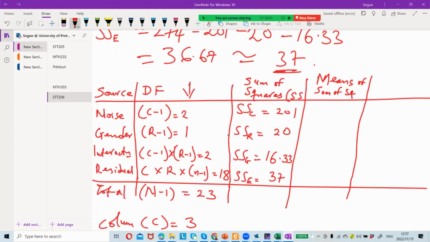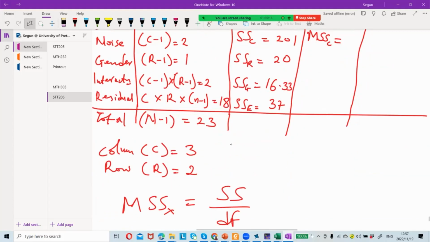For us to find the MSSC, the one of column, what is the answer? MSSC is equal to 201 divided by degree of freedom, which is 2.